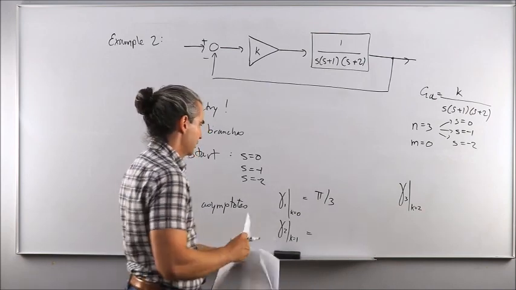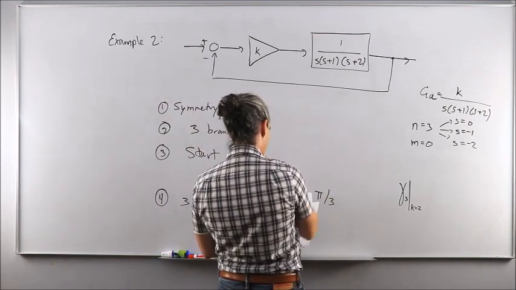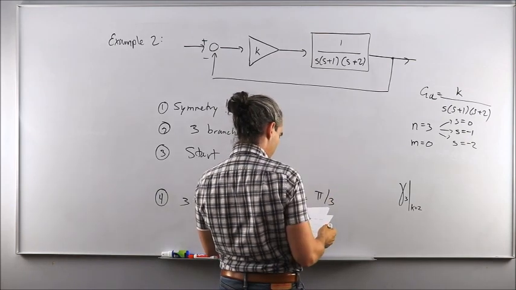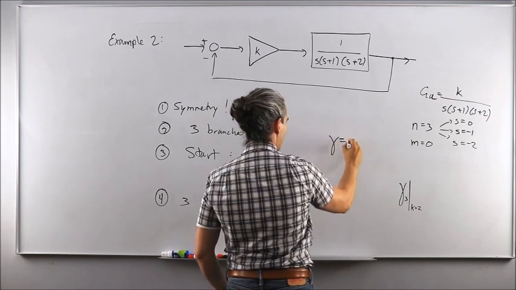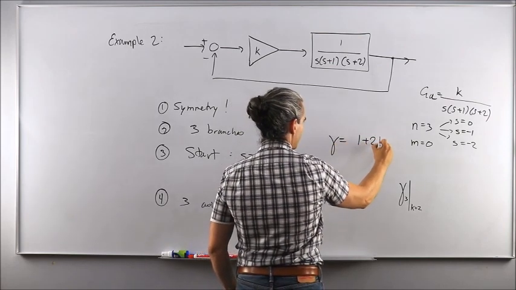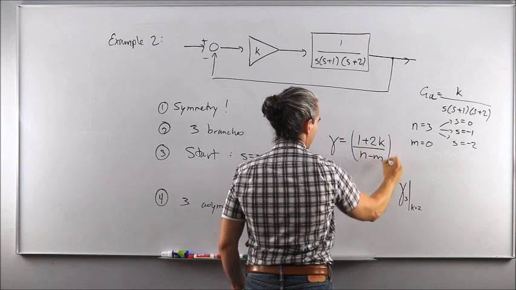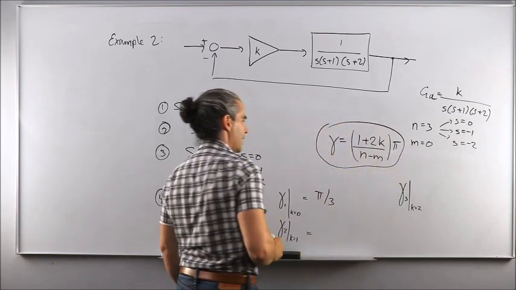It is plus. That's what I gave you, I believe, in the step-by-step procedure, but I think the way I've used it in my example was with the minus, okay? Gamma is 1 plus 2k over n minus m times pi, okay? Sorry about that, my bad.